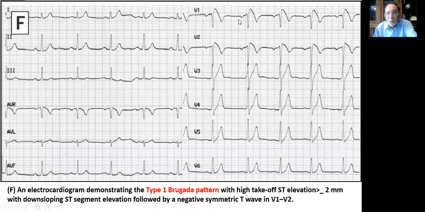This is classic Brugada syndrome, raised ST with downward sloping and followed by T wave inversion. Brugada classic type 1. Of course, this is not allowed to play competitive sports.